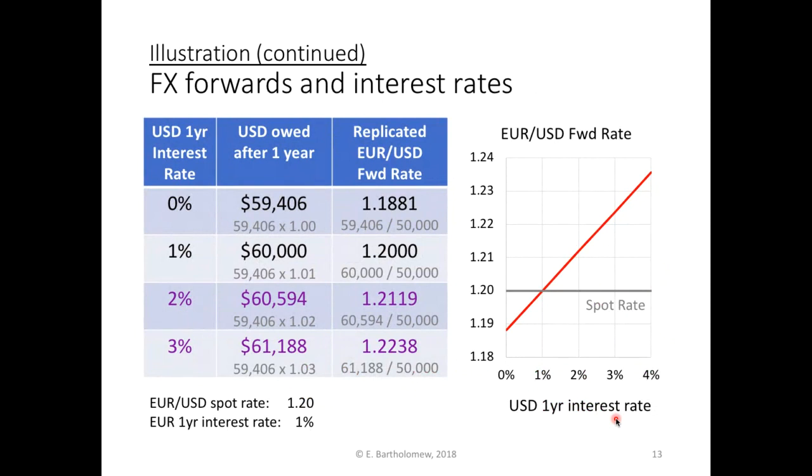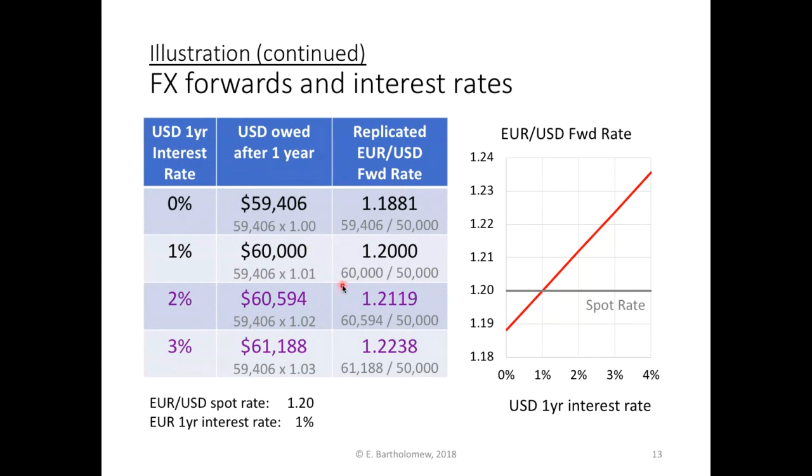Now we can look at how this varies across US dollar interest rates holding the other variables constant. So we considered these two cases where the US dollar 1-year rate was 2% or 3%, and we got these two exchange rates. Let's look at this case where it's 1%. So if it's 1%, which is actually the same as the euro interest rate, this 59,406 is going to end up being worth $60,000.